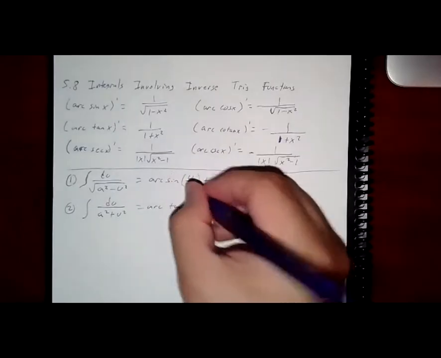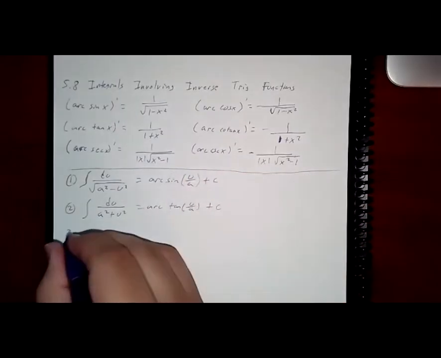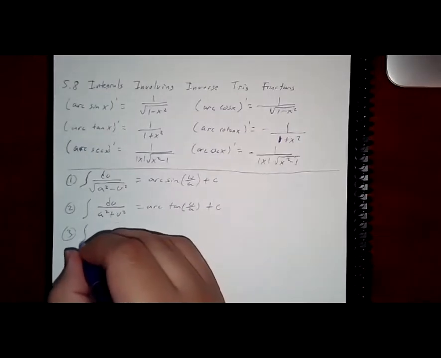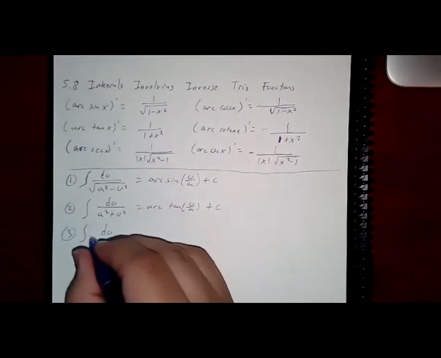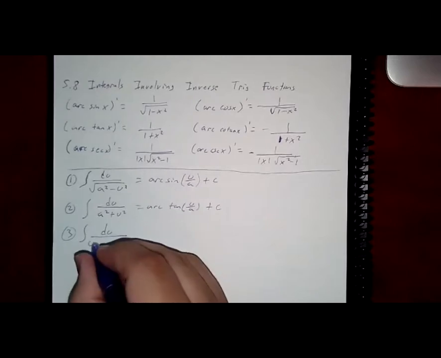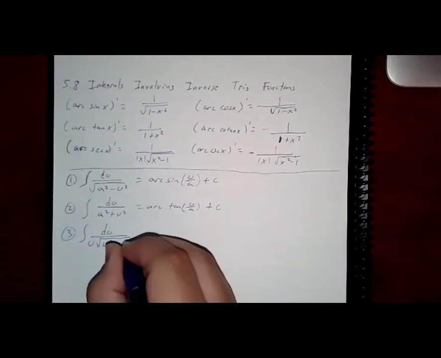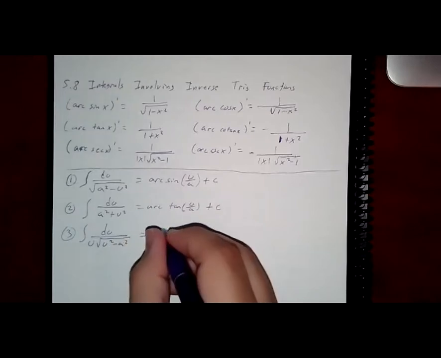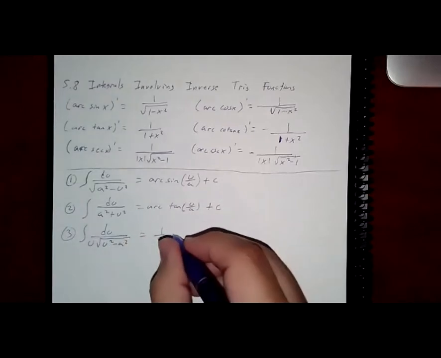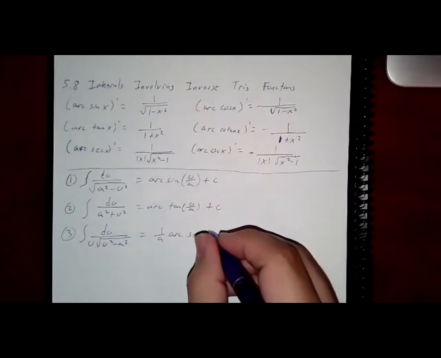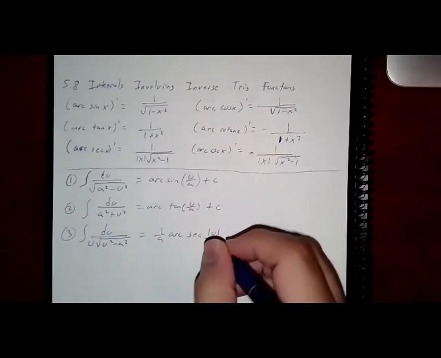Number three, the integral of du over u square root of u squared minus a squared is equal to 1 over a arc secant of absolute value u over a.